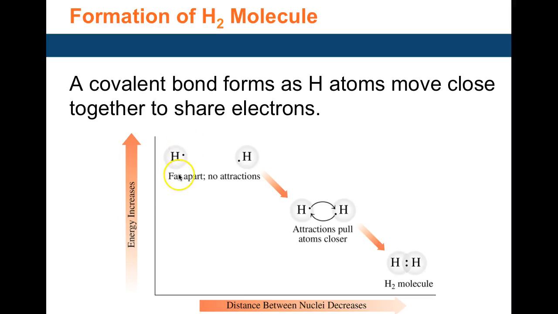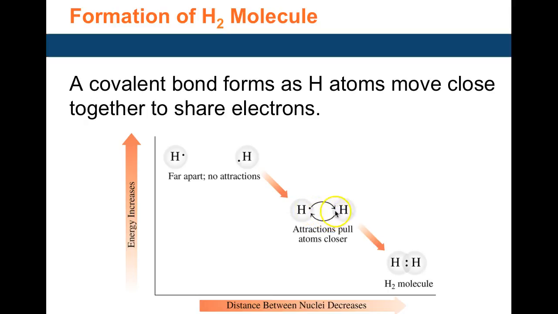All right. Now when this happens, remember, in the nucleus of the hydrogen there is a proton. As they're coming together, when they're further away, there's not much of an attraction. Now as they come closer, the proton of this hydrogen is influencing the electron of the other hydrogen, pulling it towards it. The same thing happens in the other direction: the proton of this hydrogen exerts an attractive force on the electron of the other hydrogen.